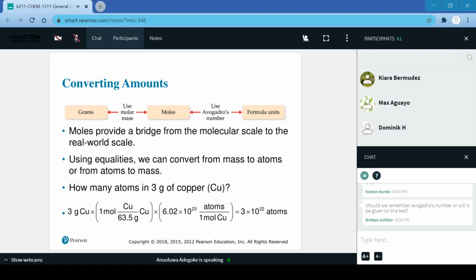The very first one we are doing here is how many atoms in 3 grams of copper. If you are told to calculate how many atoms in 3 grams of copper, or anything that is being asked, these are the calculation steps. We are going to spend a lot of time on this type of calculation. Of course, we don't have a lot of time left today.